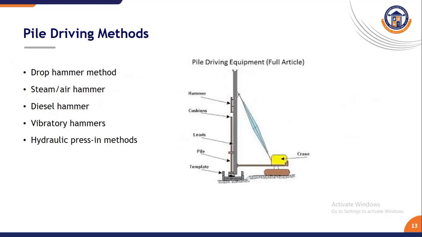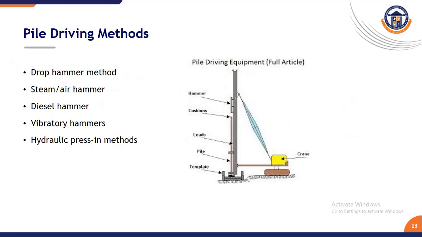Okay, after that, the pile driving method. There are several ways to install driven piles depending on the site and soil condition. Drop hammer and diesel hammer are commonly used in urban construction, while vibratory hammer and hydraulic pressing systems are suitable for sensitive environments where vibration must be minimized.